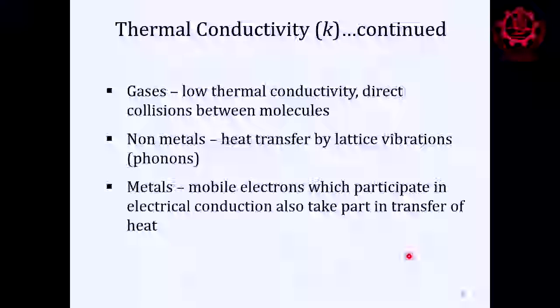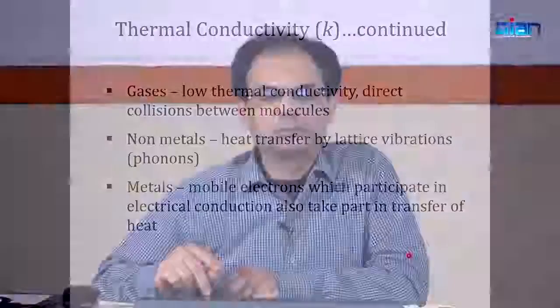And in the case of metals, the heat conduction happens in a very similar manner to the transfer of electrons, as happens in electricity transfer through metals. Because you have free electrons, they can travel around, so they conduct electricity, current. At the same time, they also participate in heat transfer.